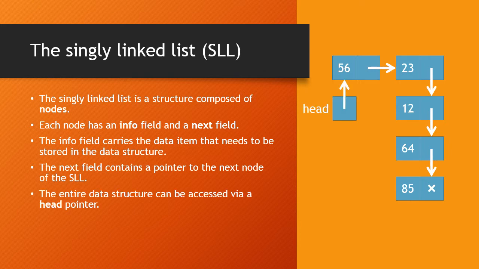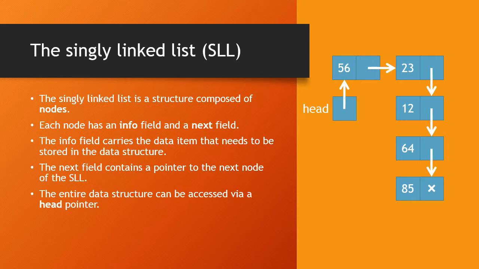The entire data structure can be accessed via a head pointer. So what I have in my hand at all times and what makes me able to access the singly linked list is the head pointer. Anytime that I want to read this list, I start from the head pointer and then I move through the pointers.